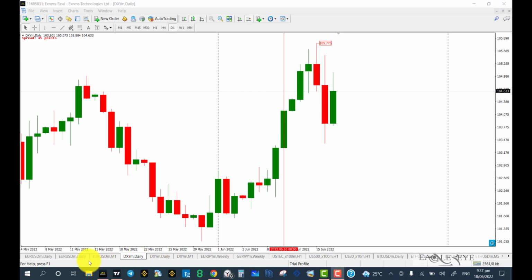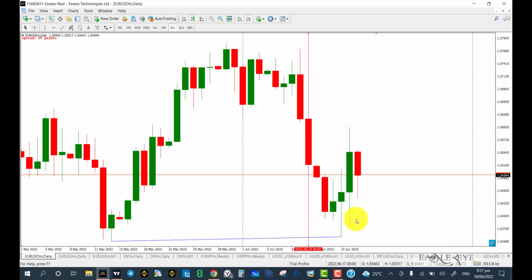On the EURUSD, I'm expecting this particular low right here to be our next target. Then on this particular low, after you run it, you're most likely to take out this low from the market. That's my expectation for the coming week.